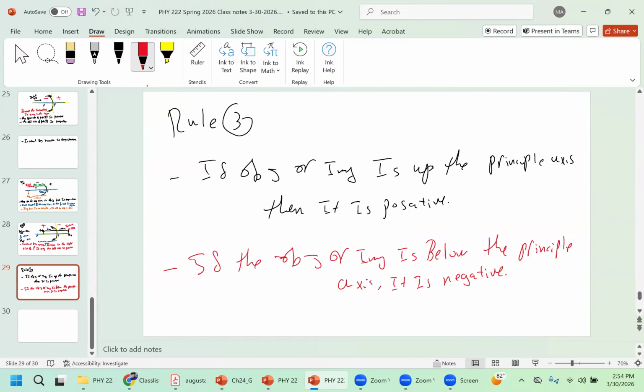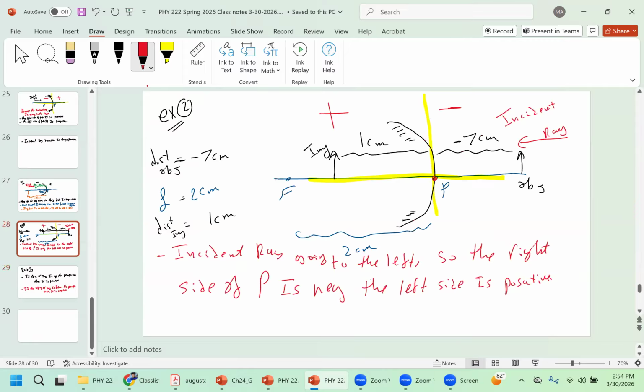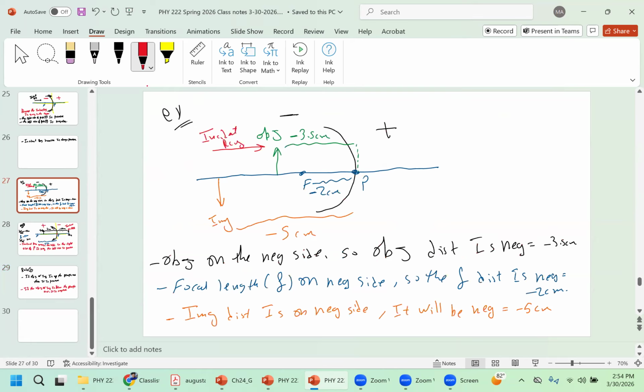So basically, what does that mean? If we go back to our picture, example 1 and example 2, here's our inverted picture, and I'm going to put this in green. That means it is positive.